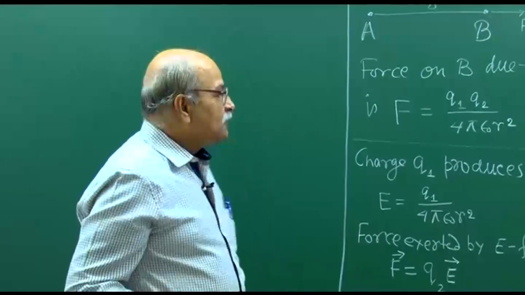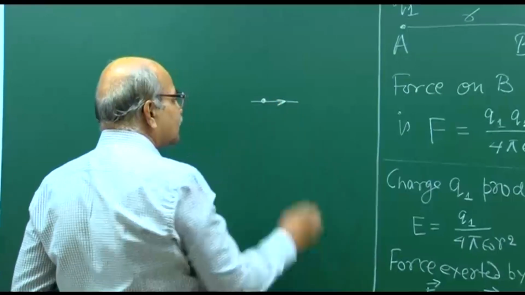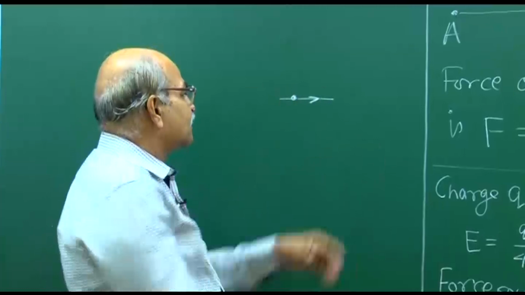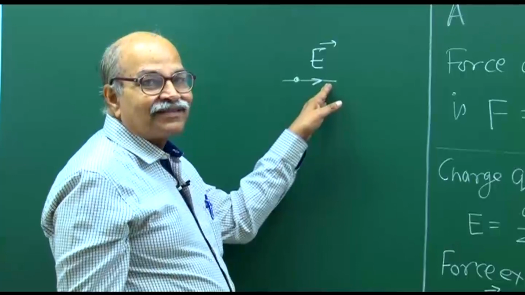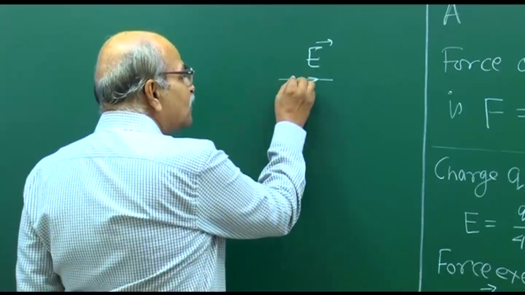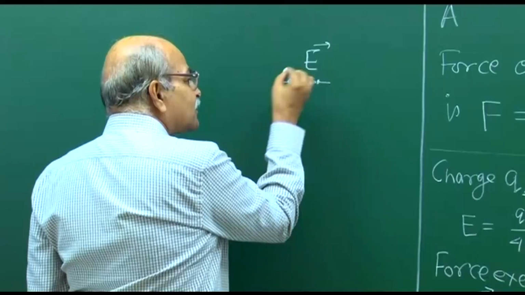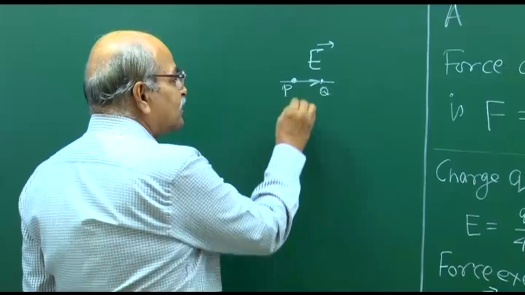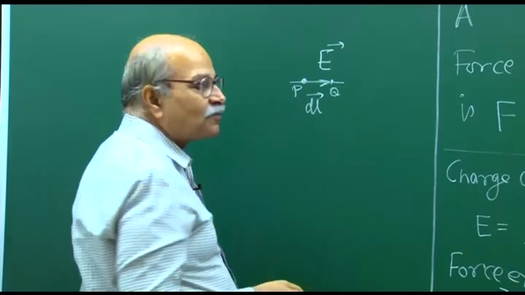If you have an electric field in this direction, there is a point, and at this point you have some electric field, and you go a small distance along that direction of electric field. Suppose this point is P and this is some point Q, and the separation is small, say dl, and you can put this vector also.